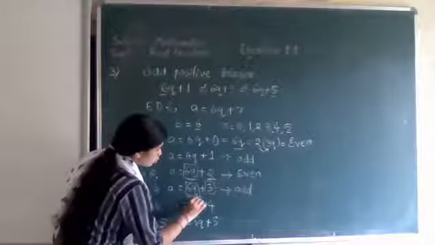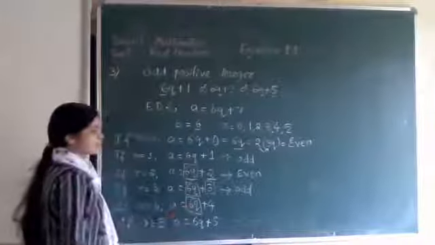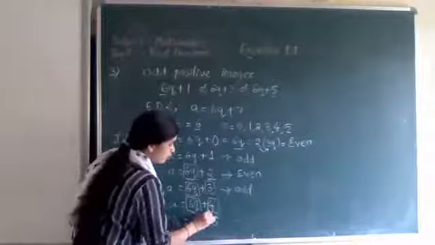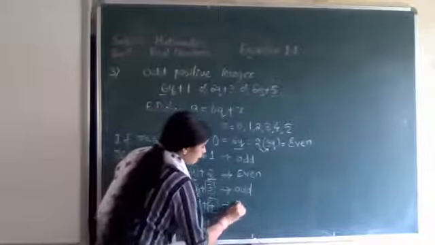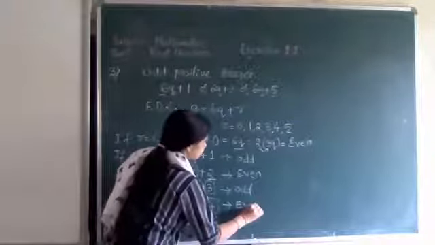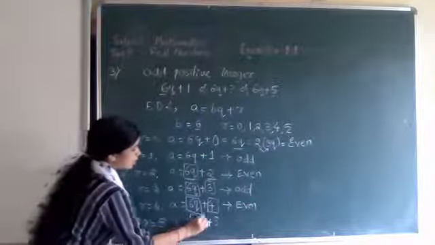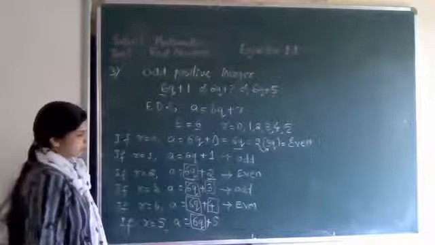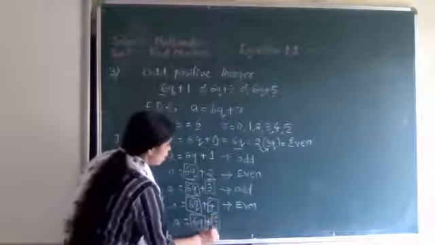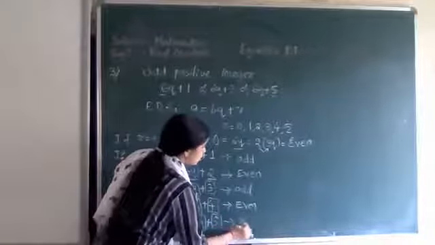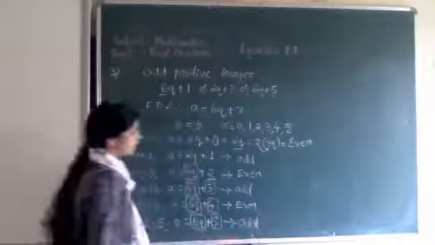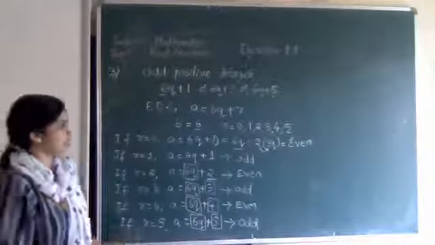Then here also 6q is even and 4 is also even, so we will get an even number. Here 6q is even, then 5 is odd. What will we get? Finally, we will get an odd positive integer.